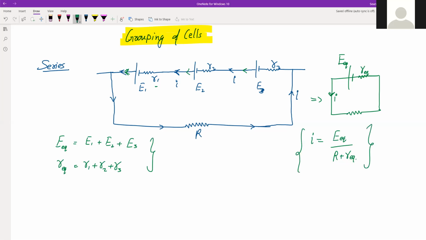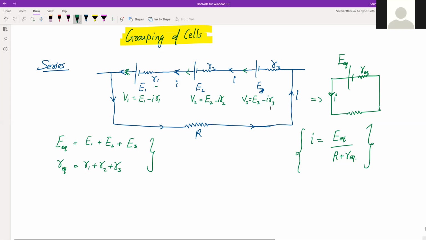And the potential of each cell, V1, will be equal to E1 minus IR1. V2 will be equal to E2 minus IR2, and V3 will be equal to E3 minus IR3. So basic simple calculations are there. Series is straightforward.